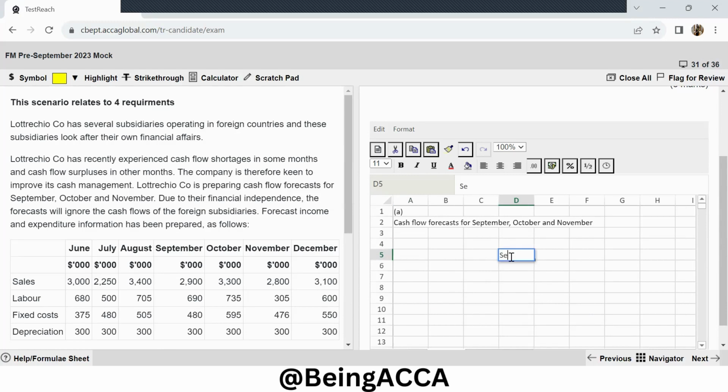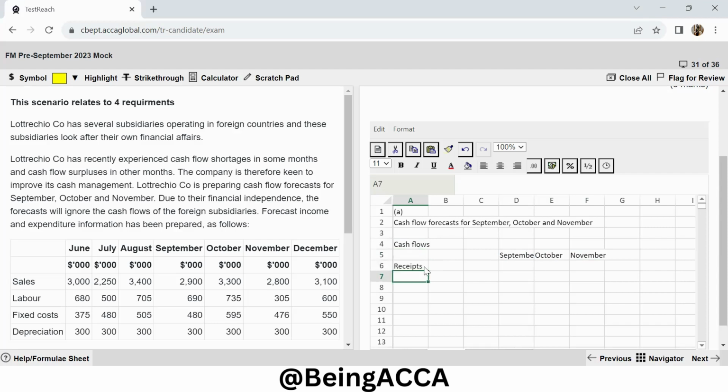So September, October, and November. Right. And then over here, we can write cash flows. So let's first talk about the positive, that is inflows or receipts. So first of all, we have our sales.